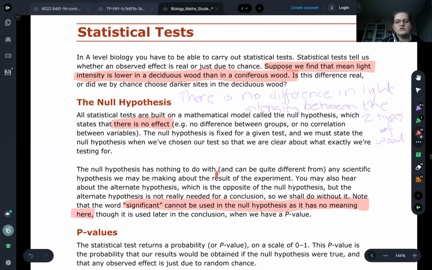So we just say there's no difference or there's no correlation. Later, when we look at p-values, the word significant is important. So at the moment, when you make your null hypothesis, you're just saying there is no difference between, there is no correlation, and that's literally it for your hypothesis. Yes, there is. No, there isn't, and that's it.